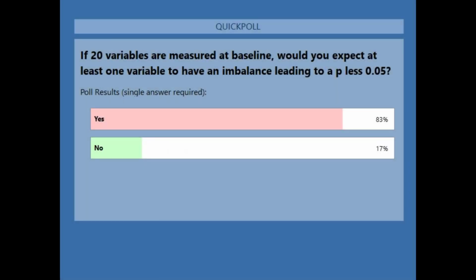So the majority of you got the right answer. Yes, 83% of you said yes. If we assume that the variables measured are completely uncorrelated with each other, i.e. one of them doesn't affect the other, they're completely unrelated, you would expect 1 in 20 tests to have a p-value less than 0.05.